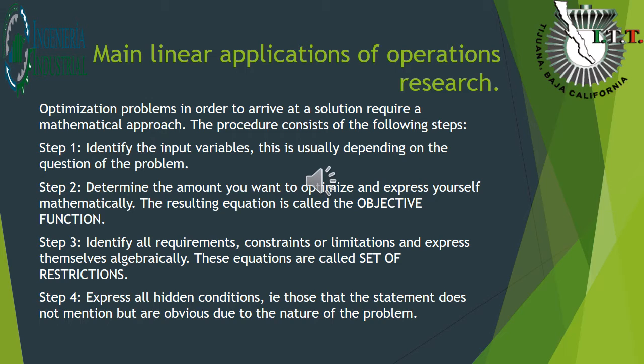The resulting equation is called the objective function. Step 3. Identify all requirements, constraints, or limitations and express them algebraically. This equation or set of restrictions. Step 4. Express all hidden conditions that the statement does not mention but are obvious due to the nature of the problem.